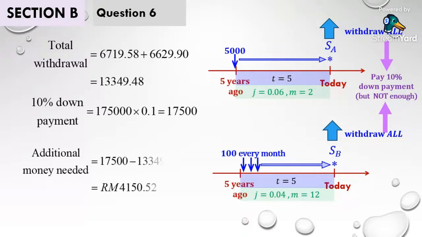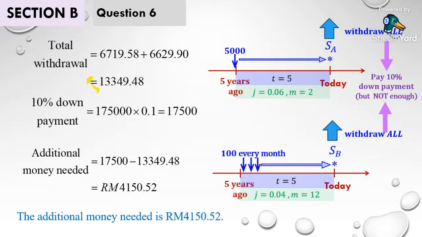Therefore, for the additional amount of money needed, just take the down payment minus the withdrawal and it will do. So it will be 4,150.52. And this is the final answer that I need according to the question. So that's why I have RM there for 4150.52. This is the amount of money that I need for the final answer.